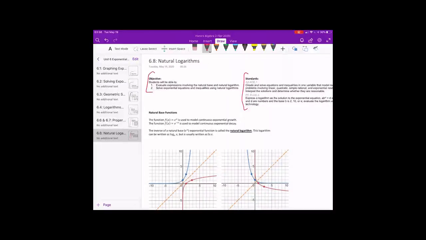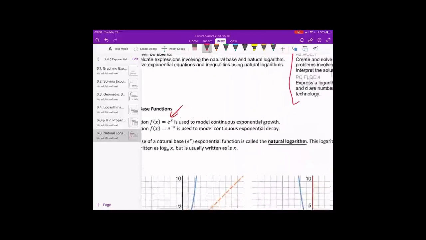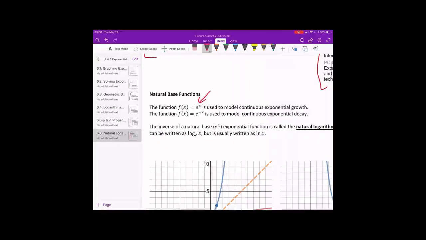Remember, the natural base is the letter e. That is 2.718, and so on. It's an irrational number. But the natural base is this exponential value. When we just have e to the x, it's an exponential growth function because our exponent is positive. And when the exponent is negative, we have exponential decay.